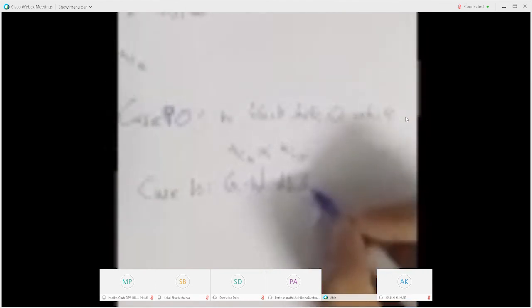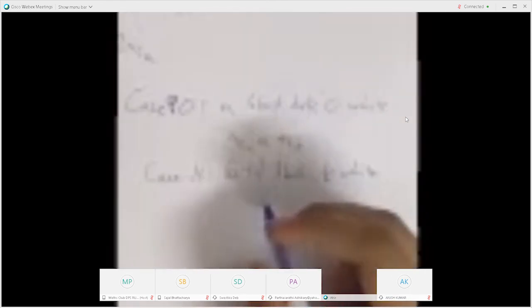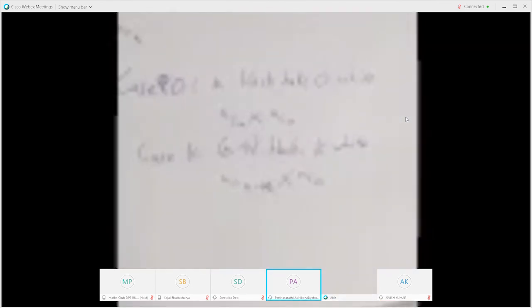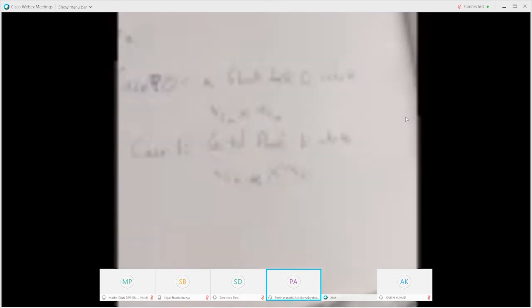Suppose case k. Case k is we choose n minus k black balls and k white balls. How many ways could we do this? We could do this in nC(n minus k) into nCk ways. Now we know that nC(n minus k) is equal to nCk. So we could basically write this as nCk whole square.